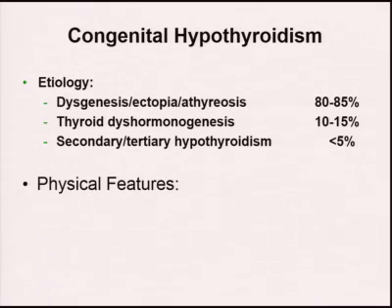So what are the features that we look for in congenital hypothyroidism? Well, it's usually like the baby in this case, a totally healthy baby, and you'd never have a clue that the baby was affected with hypothyroidism.